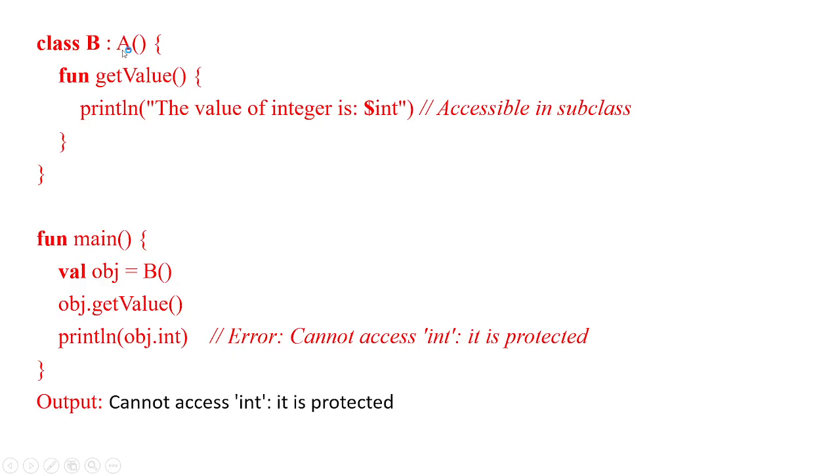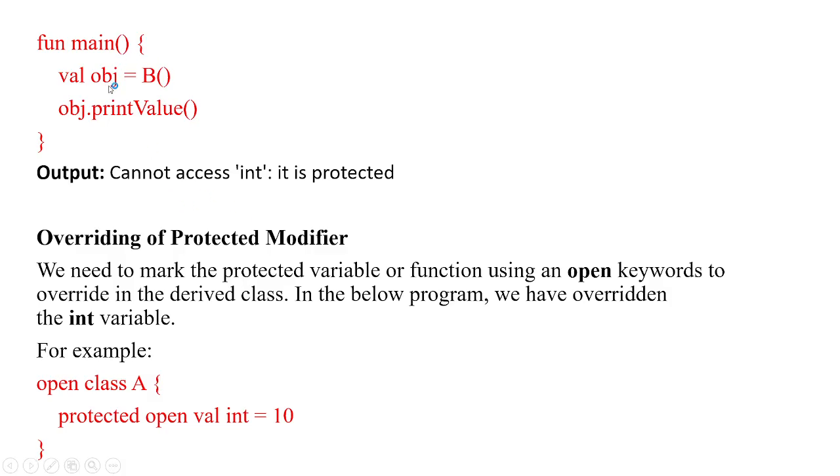If we inherit class A into class B, here we can override the get value function, and here we can access the integer value. We can print and get it, but when we print object dot integer, it cannot be accessed because it is protected in nature.